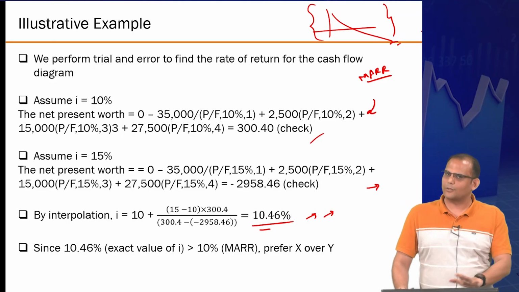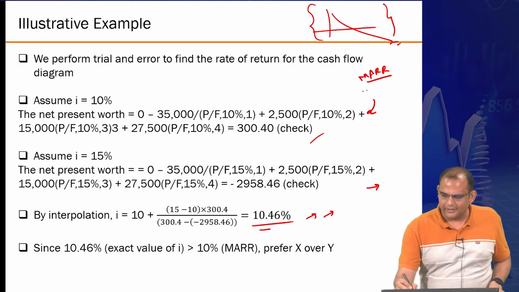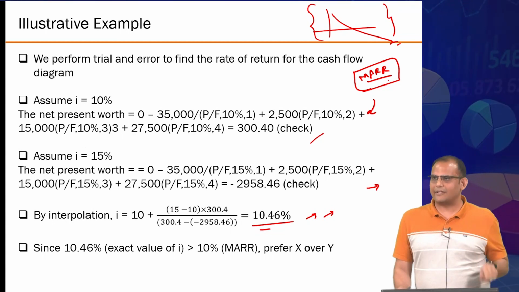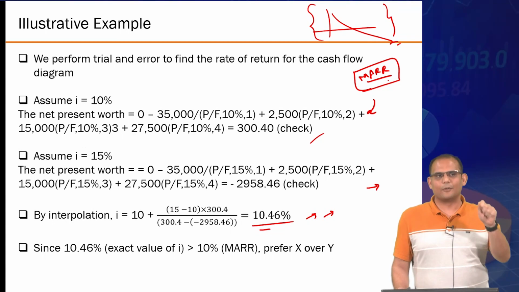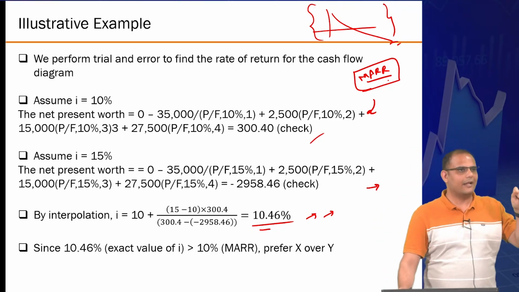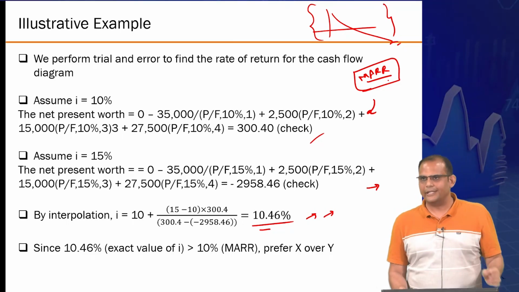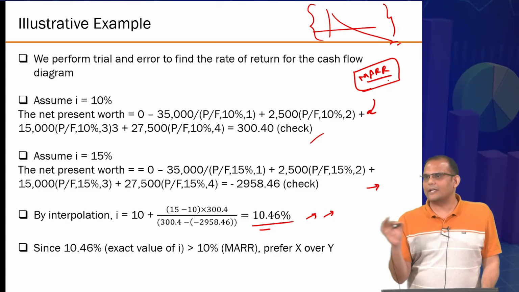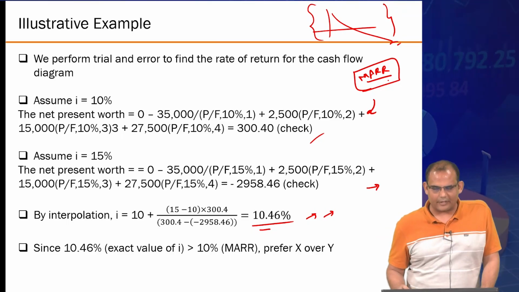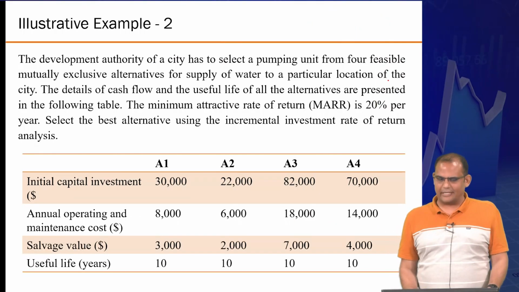So a rule of thumb: always start with your MARR as the first guess when you have to estimate the rate of return. You will immediately be able to judge whether it makes sense or not, and then you take the increment. So the first guess has to be at the MARR level, if MARR is given. If not, then you can curse me.